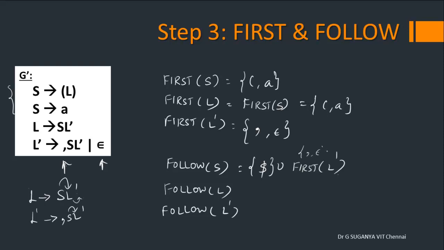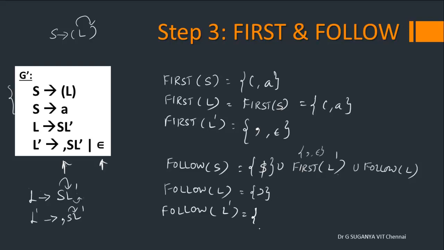Comma we will include, no problem. Epsilon is there. If epsilon is there, you check for the next symbol. Since we don't have any symbol over here, go to the left and add its follow. So union follow of L. Now what is follow of L? L appears in only one position. S gives within bracket L, where L is followed by a terminal symbol, the close bracket.